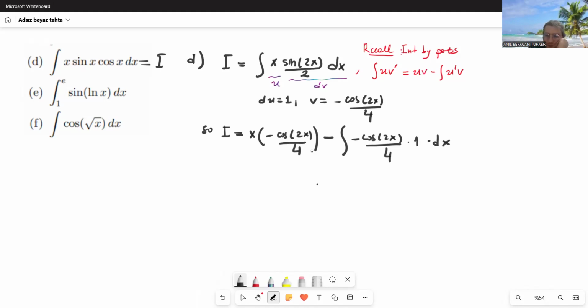So now it is very easy to calculate this cosine x, right? But let me first simplify it because it is a bit confusing.